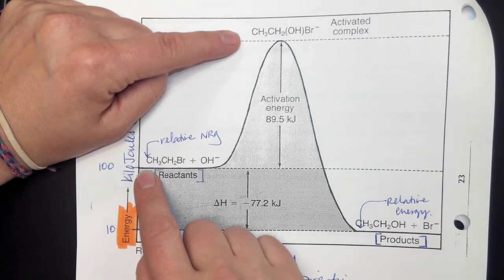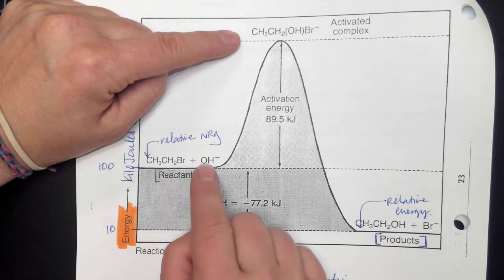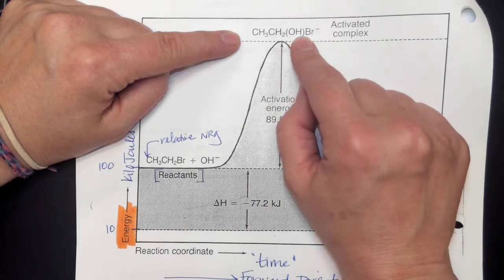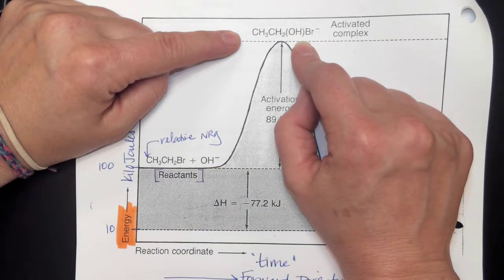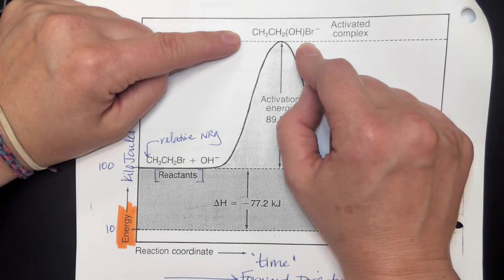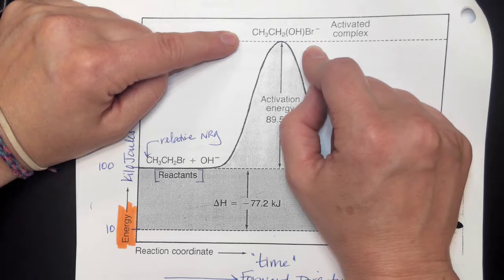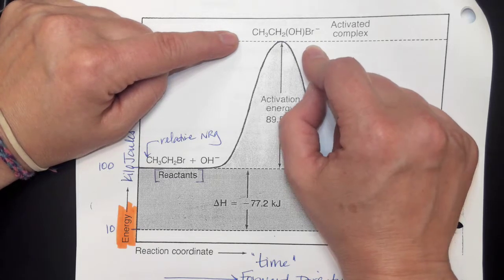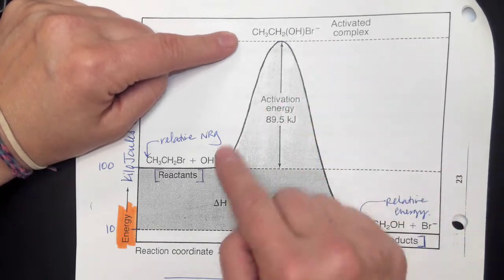Here I have some compound plus a hydroxide, and here what did they do? What did they do to the hydroxide? They smashed it together, like combined it, right? The hydroxide's now in this compound.